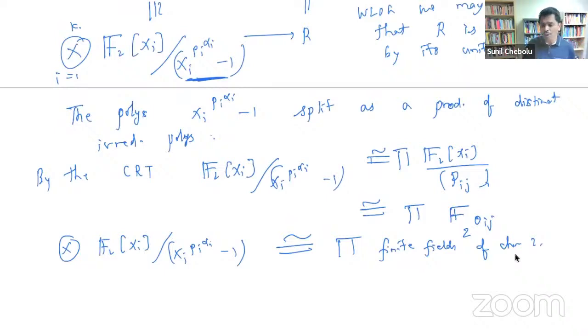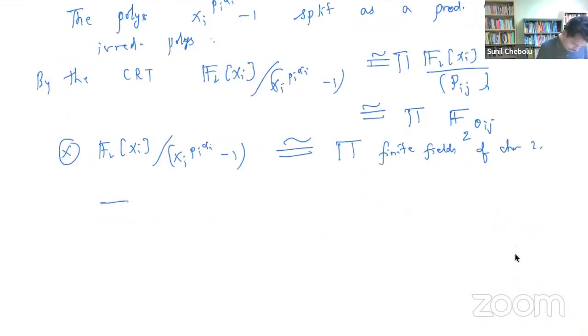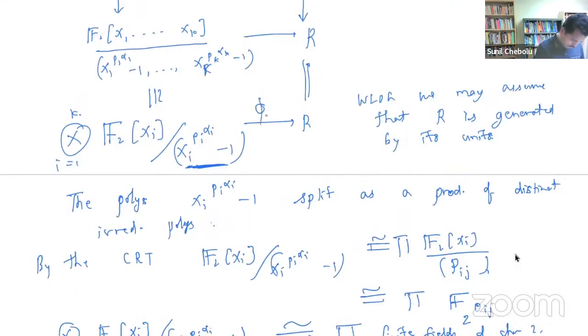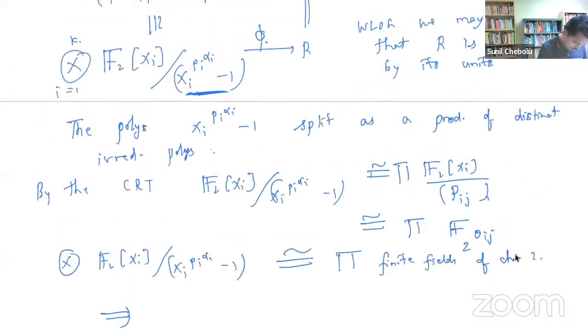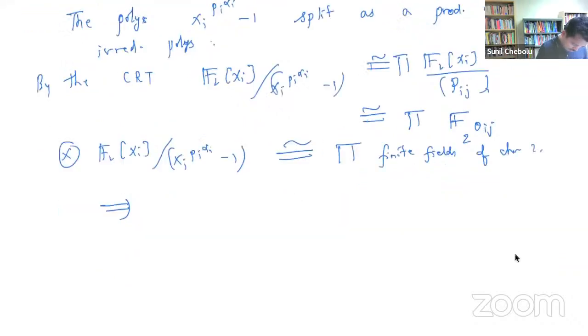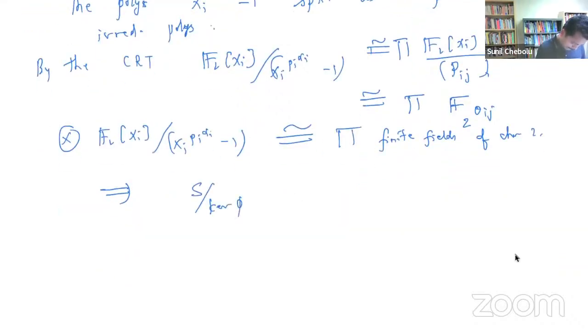We know that every quotient of a product of finite fields is again a product of finite fields of possibly fewer factors. So by the first isomorphism theorem or otherwise, let's call this map phi. I'm tired of writing this one, so let me call this S. S mod kernel phi is isomorphic to a product of finite fields of possibly fewer factors. You might drop some factors when you take a quotient by an ideal.